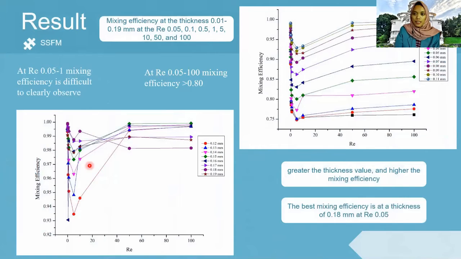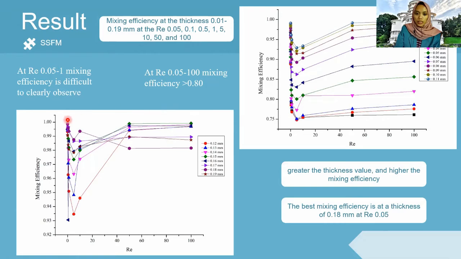Next, this is the result for SSFM for mixing efficiency at thickness 0.01 until 0.19 mm at Reynolds number 0.05 until 100. From this figure, at Reynolds number 0.05 until 1, mixing efficiency is difficult to fully observe.